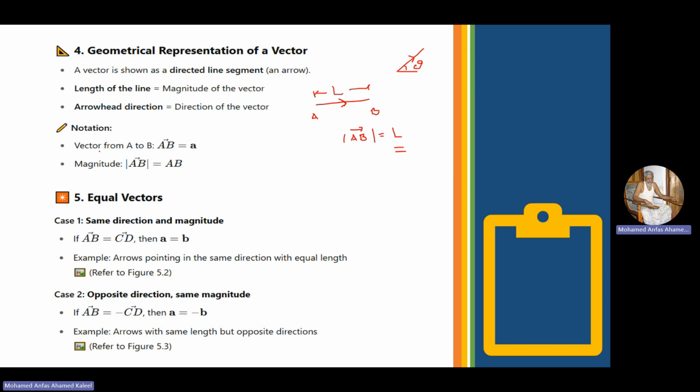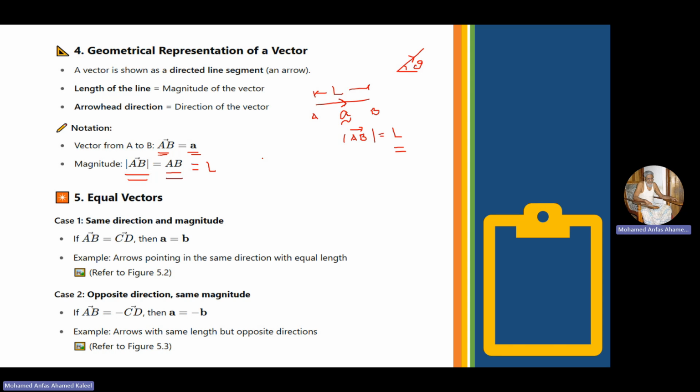The vector from A to B we can call AB vector, or simply vector A. The magnitude is mod of AB, the length of AB, let's say L. So this is the simple geometrical representation of a vector.